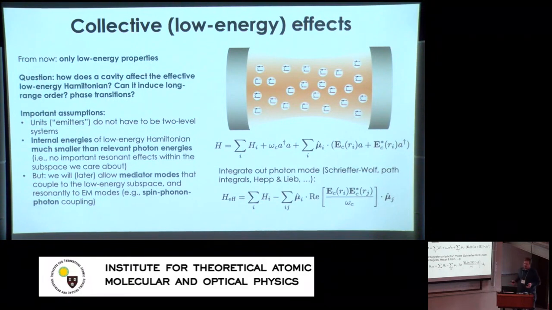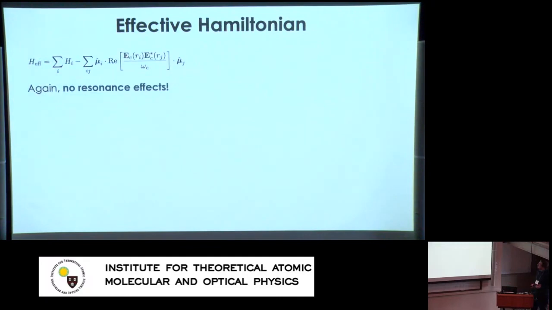So there are many different approaches that in the end all lead to basically the same result, which is that I get some interaction Hamiltonian between these emitters or units that contains the dipole interaction mediated by the electric field at the position of the two different units that I'm considering, divided by the photon frequency. Okay, but again, here I don't have any resonance effects, the same as in the ultra-strong coupling, right?